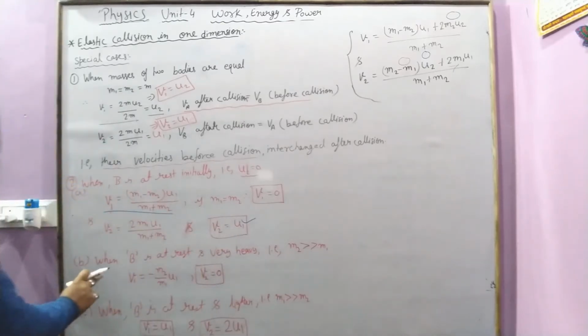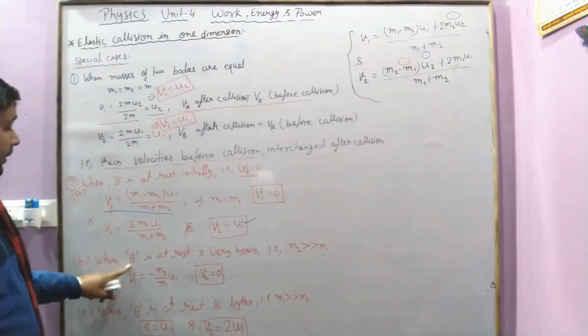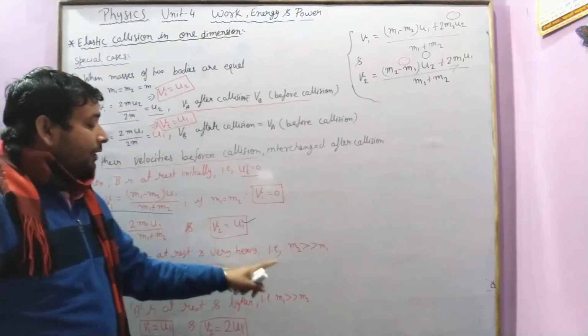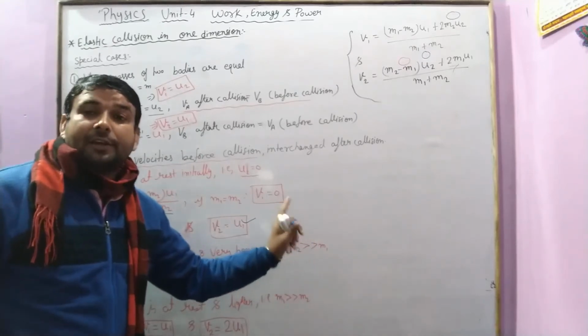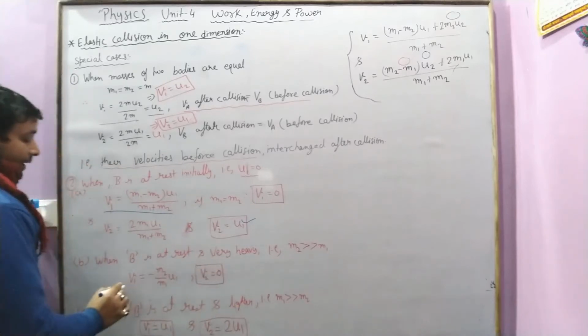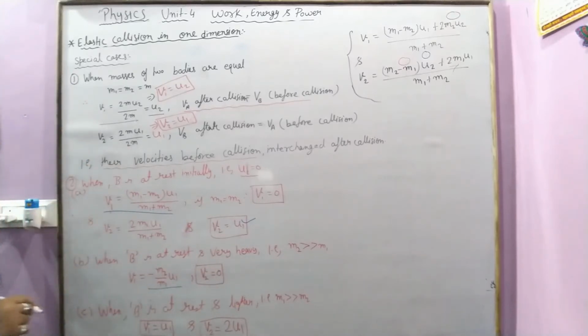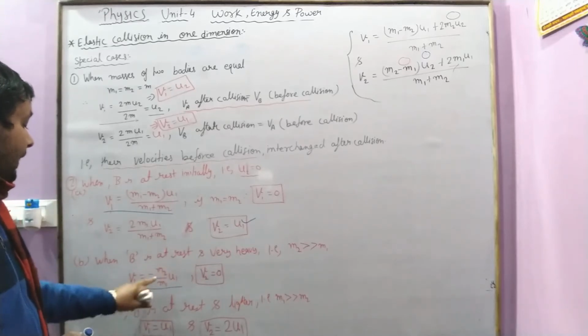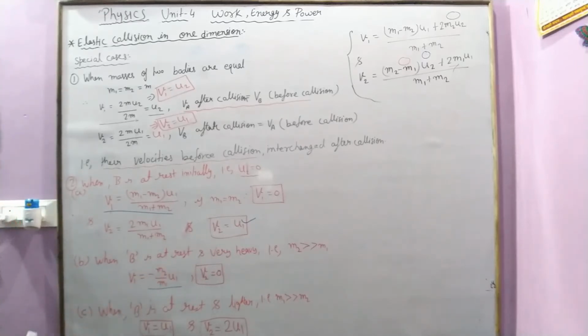Okay, and next, when B is at rest and very heavy, that is m2 is very much greater than m1, then v2 is 0 and v1 is the negative value of u1, with ratio m2 upon m1.